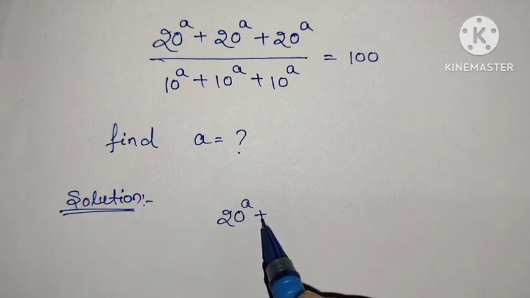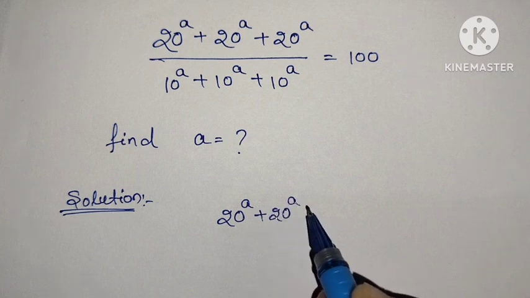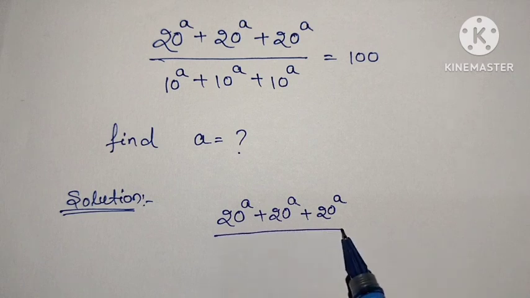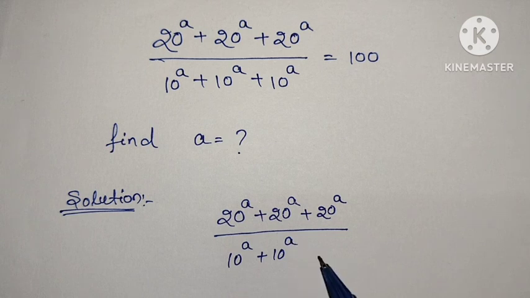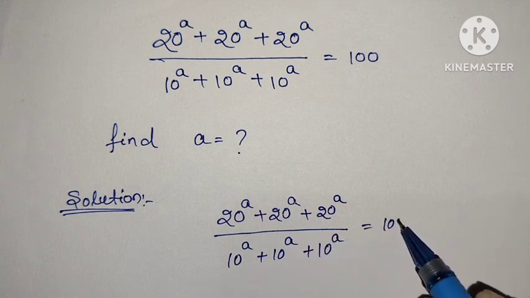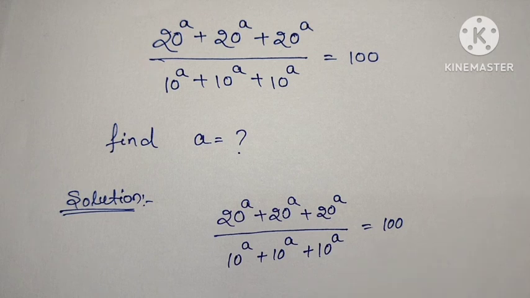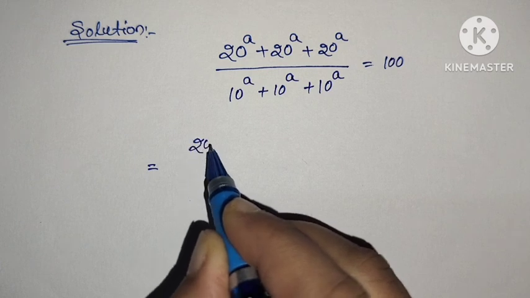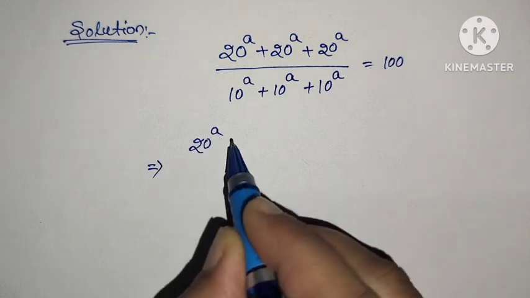20 to the power a plus 20 to the power a plus 20 to the power a divided by 10 to the power a plus 10 to the power a plus 10 to the power a is equal to 100. 20 to the power a, we take it common.